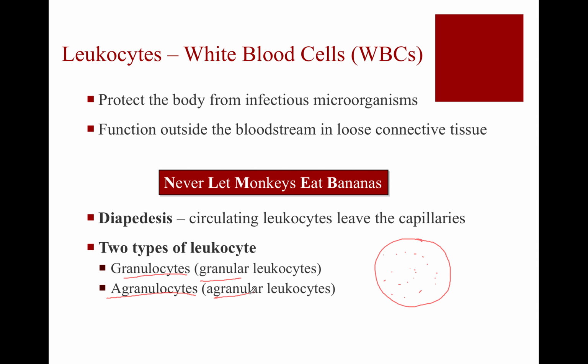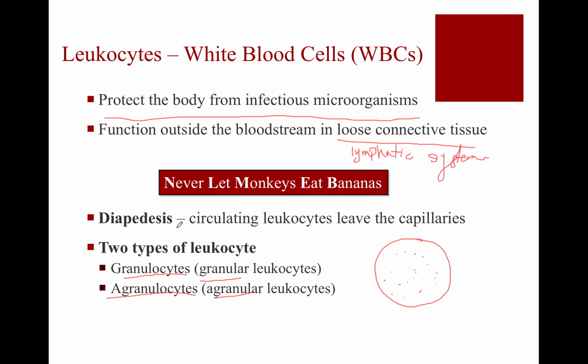Now looking at white blood cells in general, we already know their function is to protect the body from infection by microorganisms. They also function outside the bloodstream in loose connective tissue, and they're also part of the lymphatic system, if you guys recall.